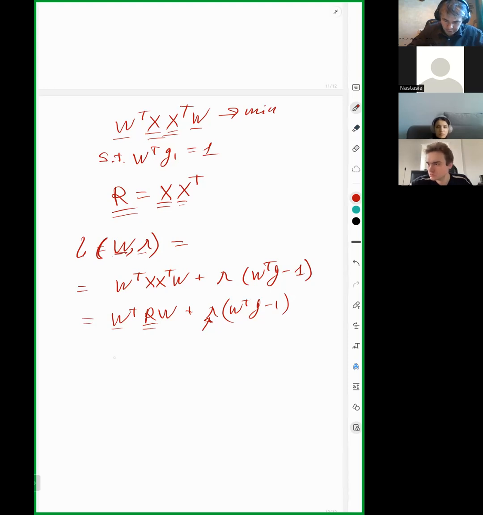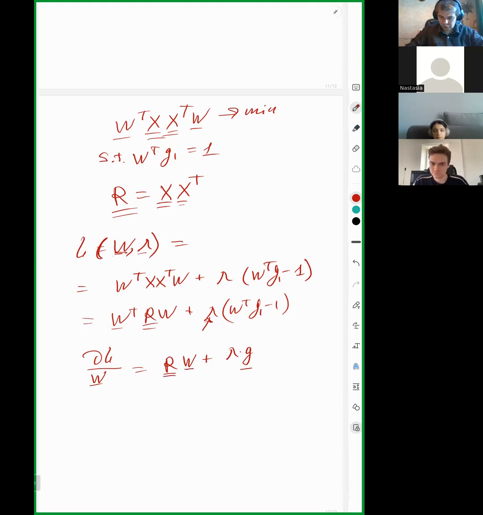So you say that dL over dW is equal to RW plus lambda G, of course. So this is a vector, this is a matrix.